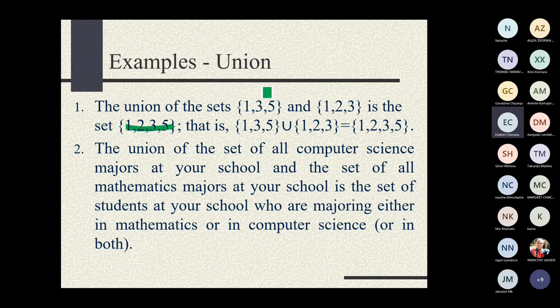So the union of the set of all computer science majors at your school and the set of all mathematics majors at your school is the set of students at your school who are majoring either in mathematics or in computer science. We use the or part, which means it's either in mathematics or in computer science.